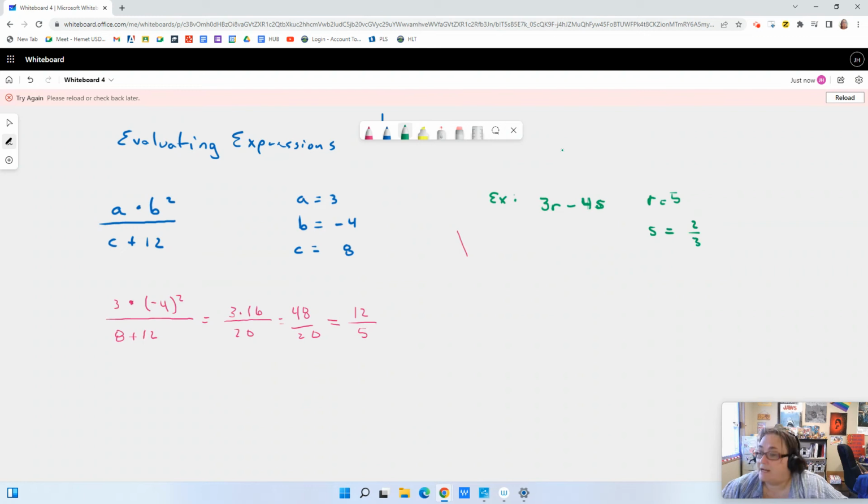I want you to work that out, come up with an answer, and put your answer in the chat box when you get it. I will tell you right off the bat that it's not a whole number answer. You're going to have a fraction answer. So that's 3r minus 4s, where r equals 5 and s equals 2/3.